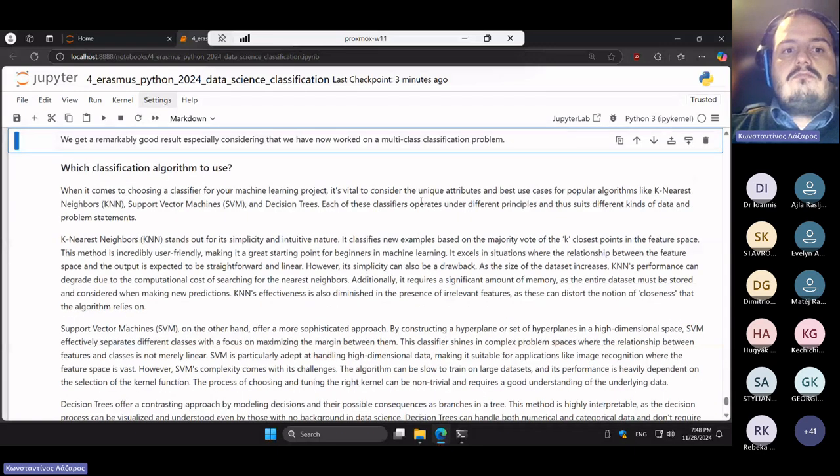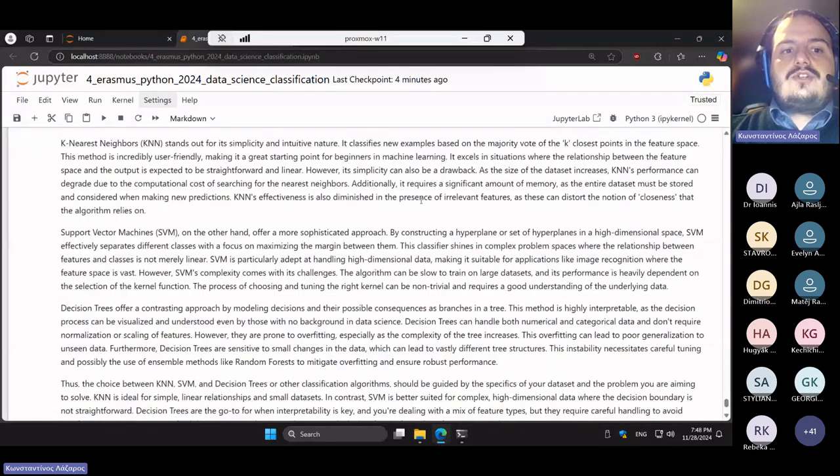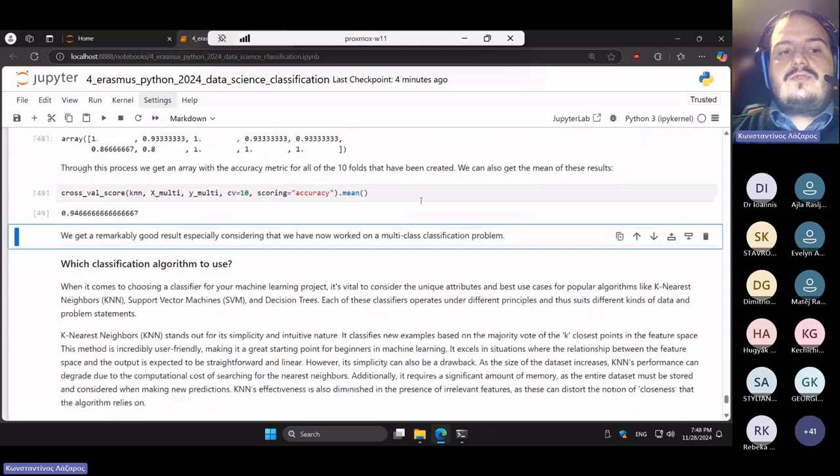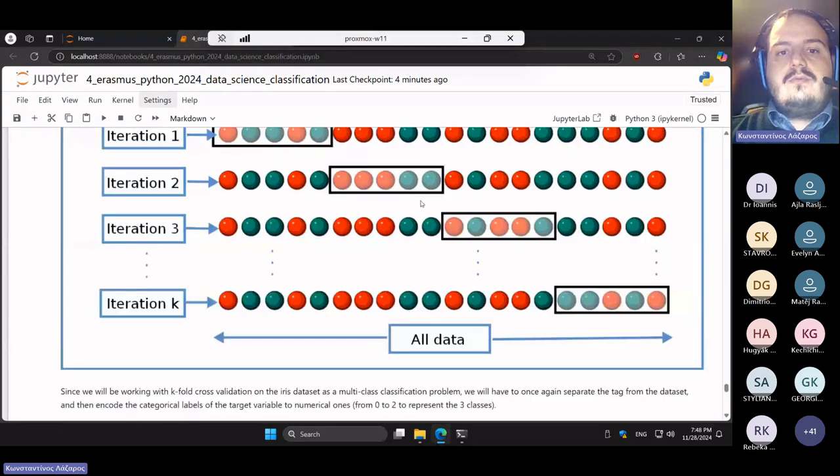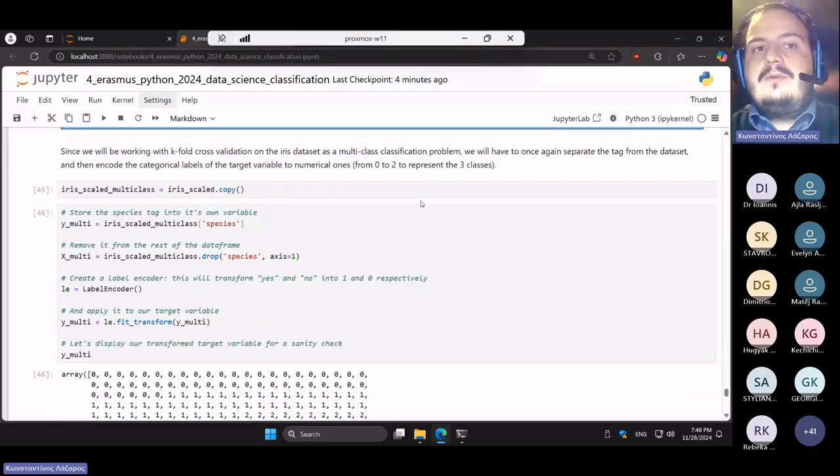So at the end of the day, which classification algorithm should we use? It depends, as a final conclusion, on the problem. It depends on the data set, as one of you said very correctly before the break.